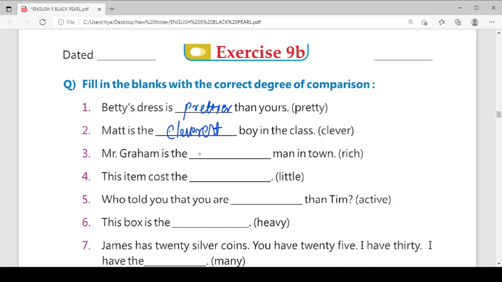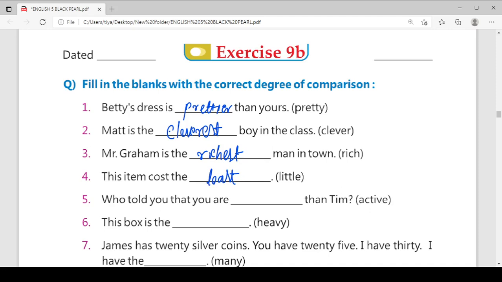Mr. Graham is the dash man in the town, richest man, because it is a comparison among more than three. Okay, more than two. This item costs the little, less, least. So this item costs, we can say, the least. Okay, so this is the least.